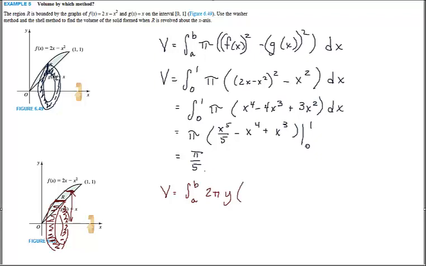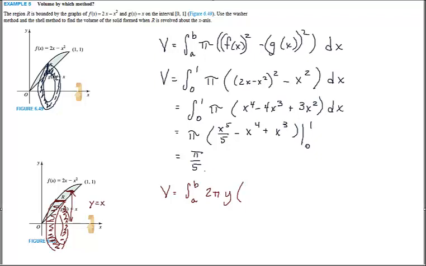And then I've got to look at the outside and the inside function and figure out what's going on with that. I'll need to rework that in terms of y. So let's look at what we've got. There's going to be my top function, which is pretty easy because that one is just y equals x.